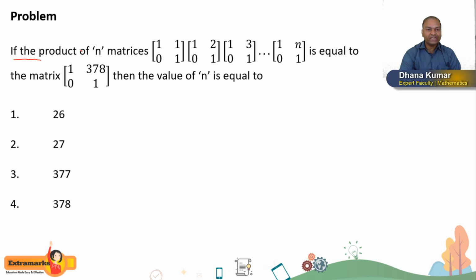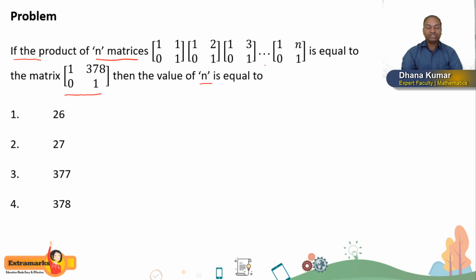If the product of n matrices is equal to this matrix, then find n. The n value possibilities are 26, 27, 377, or 378. These are the four options. Out of these four, which one is correct?